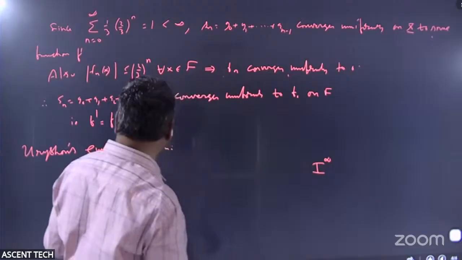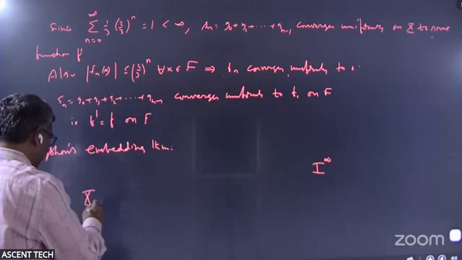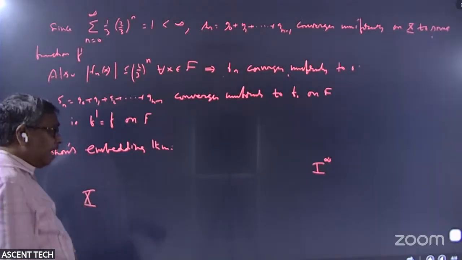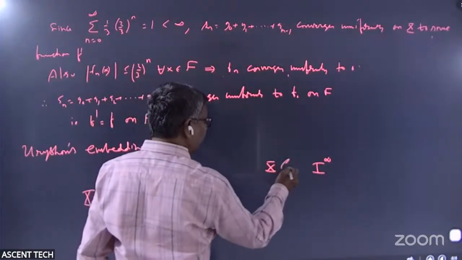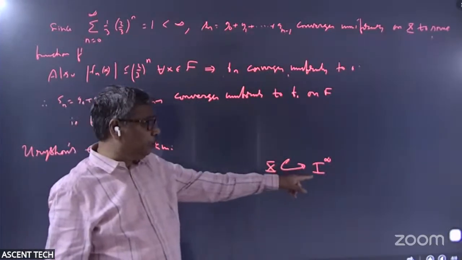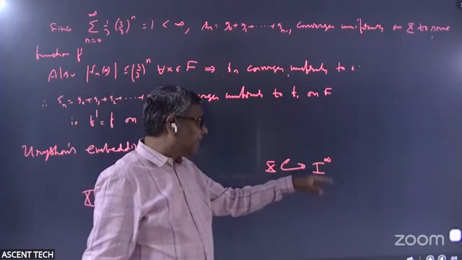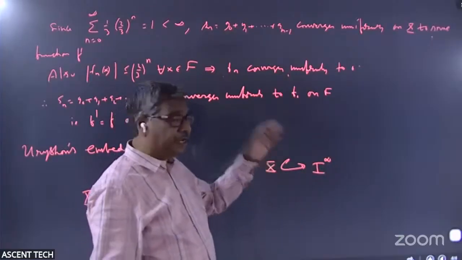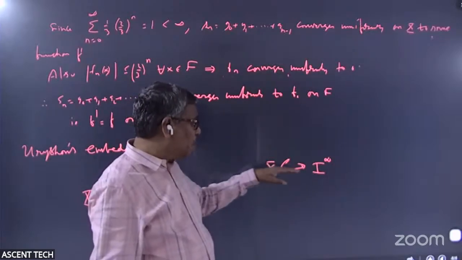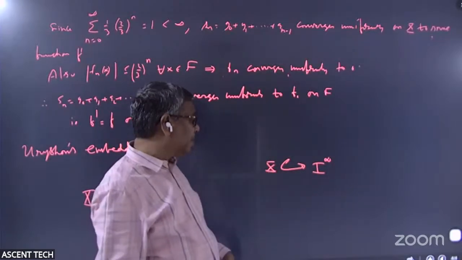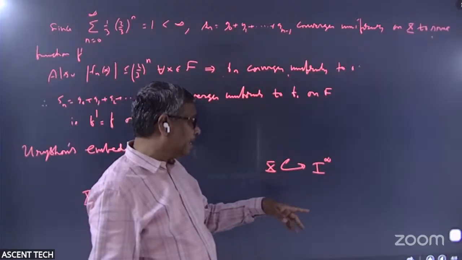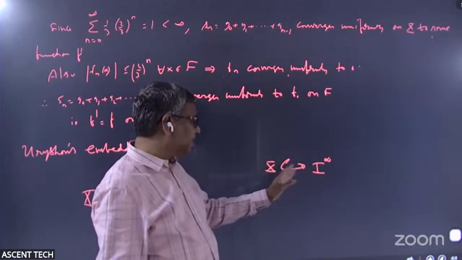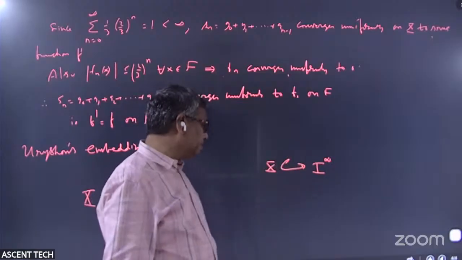I would like to show that if a topological space X is normal and second countable, then I will be able to get a homeomorphism from X into I infinity, and this will be a metric space. Embed means I can get a homeomorphism onto some subset.